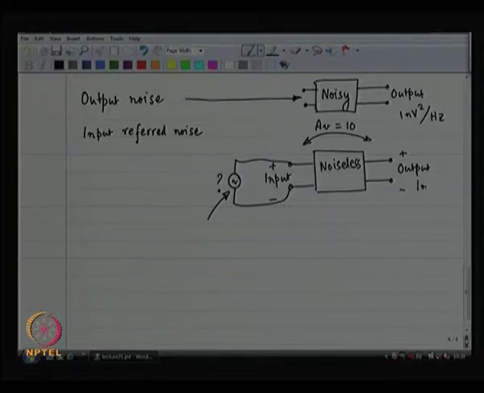You want to get 1 nanovolt squared per hertz, and the gain of your system is 10. So, what should have been the input had the noise not been generated within the circuit at all? What should have been the input?